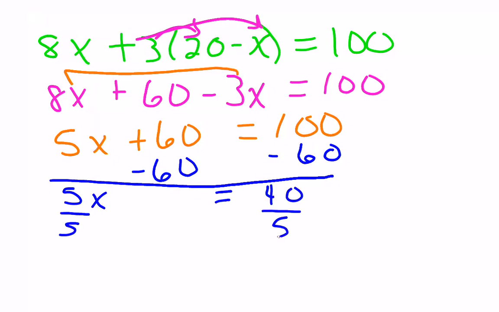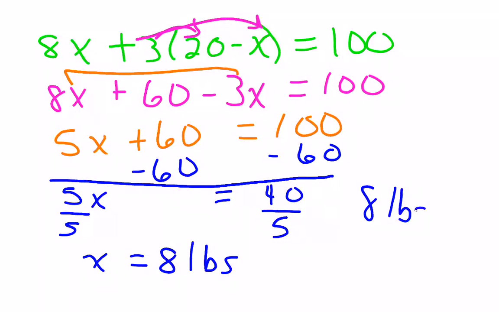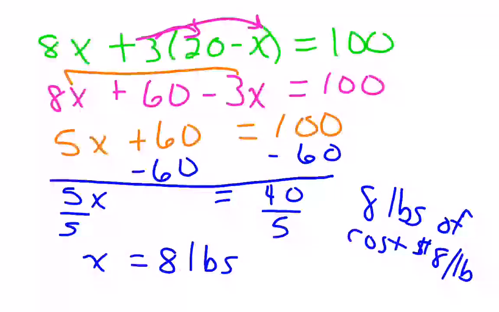Divide both sides by 5. x equals 8. 8 what? 8 pounds. Remember on our chart, the one that we said was x was related to the $8 per pound. So we need 8 pounds of the chocolate that costs $8 per pound. How do I find out how much the other chocolate was?